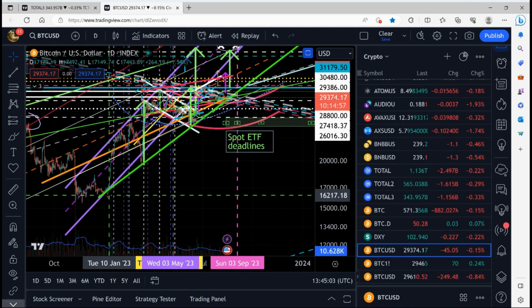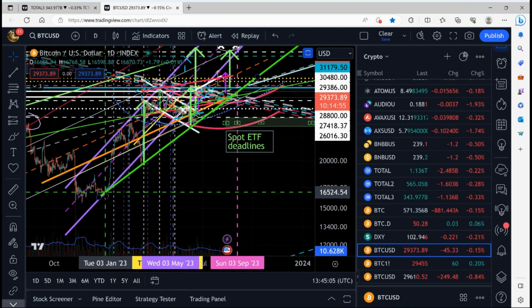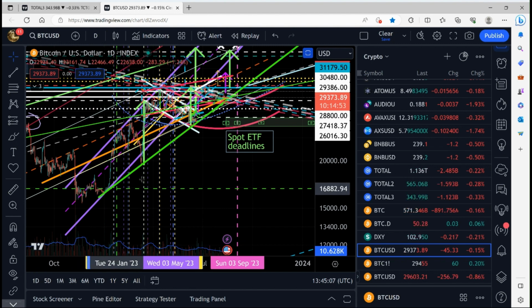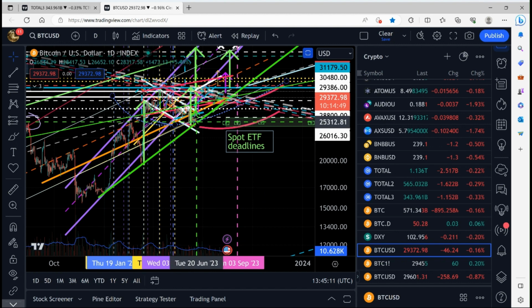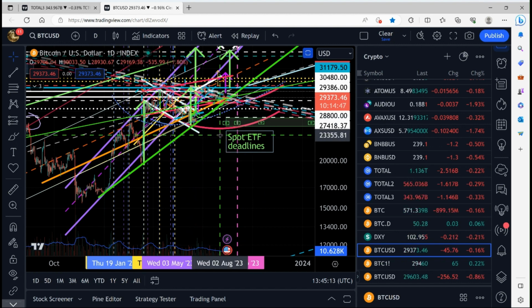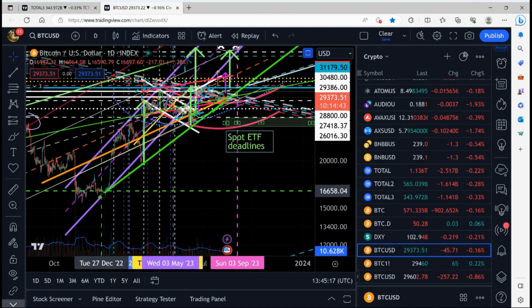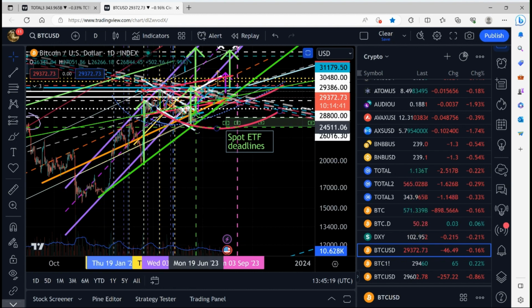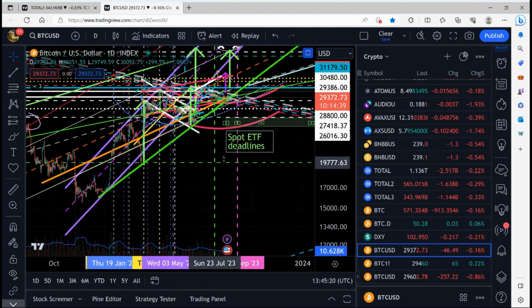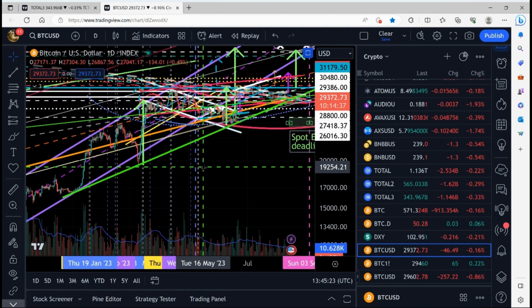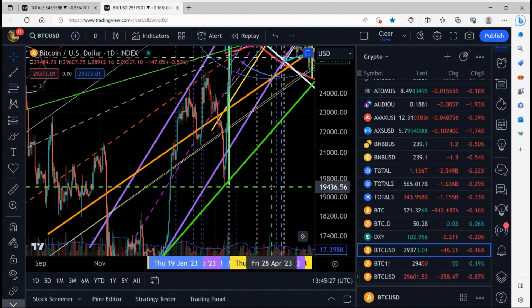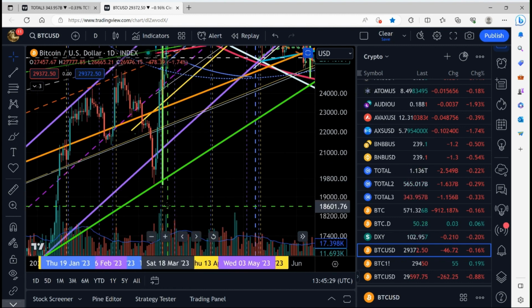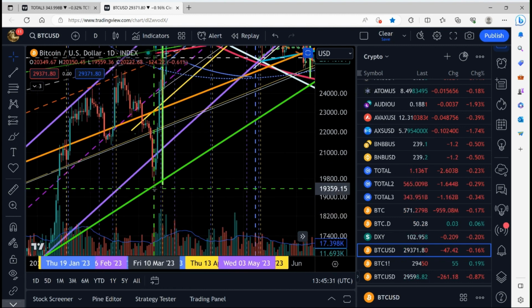The fluorescent green line comes to the bottom here in January, touches here in March and in June. And I've drawn it very accurately to contact those points. Actually, it contacts here in January, here in June, and oh, it does contact in March. That's because I drew it really thick.